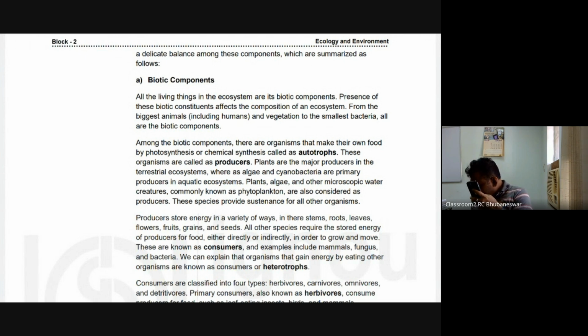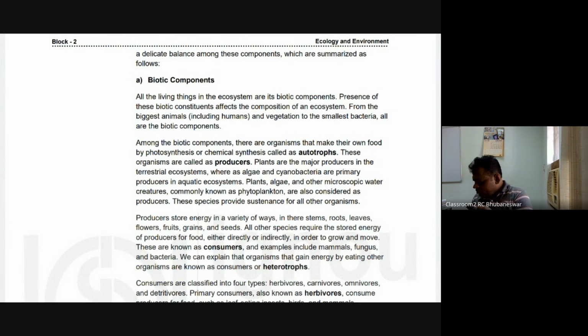Biotic components can be divided into two types: autotrophs and heterotrophs. Autotrophs are the producers, while heterotrophs are the consumers. Now, who are the producers? The primary producers are the plant communities.